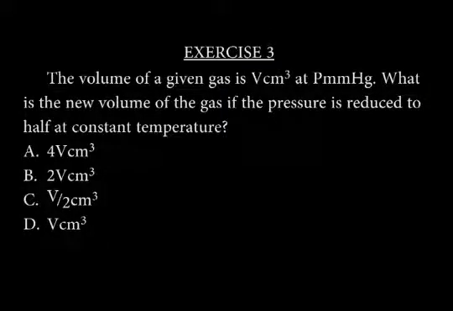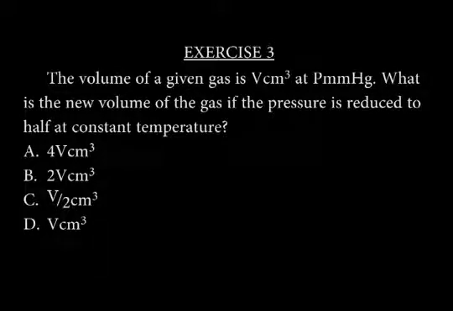Exercise 3. The volume of a given gas is V centimeter cube at P millimeter mercury. What is the new volume of the gas if the pressure is reduced to half at constant temperature?